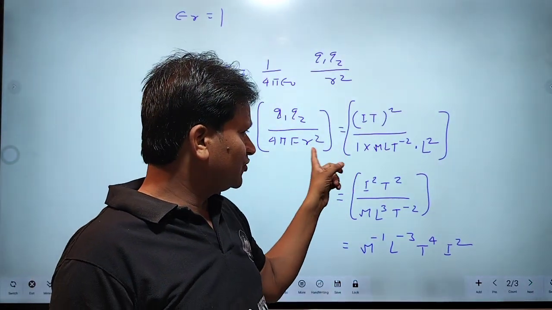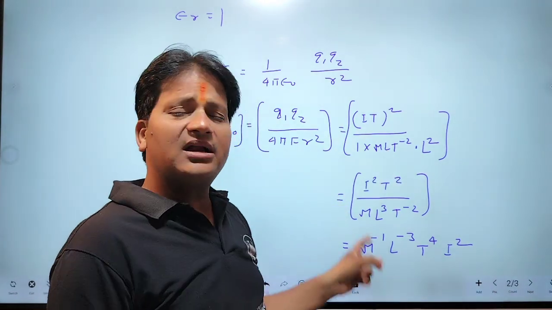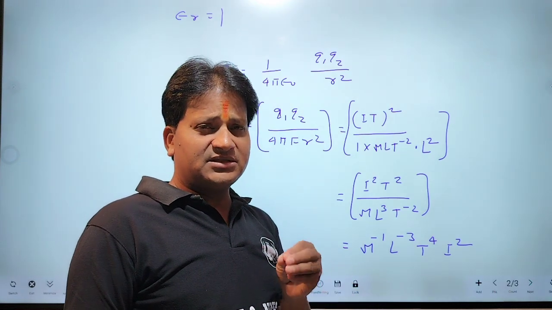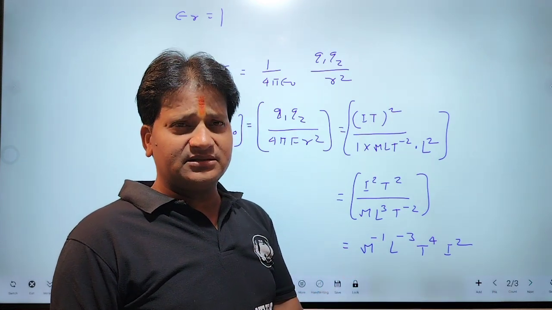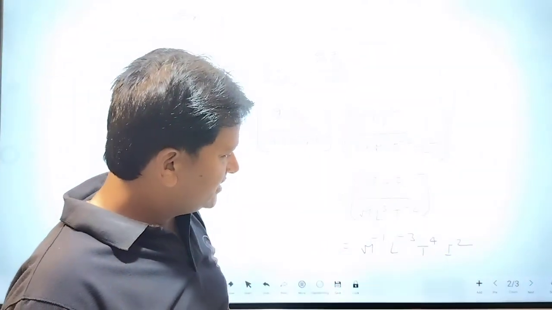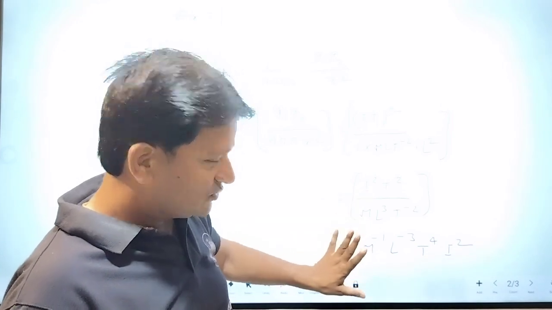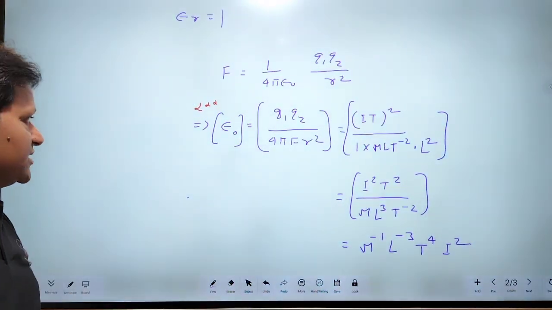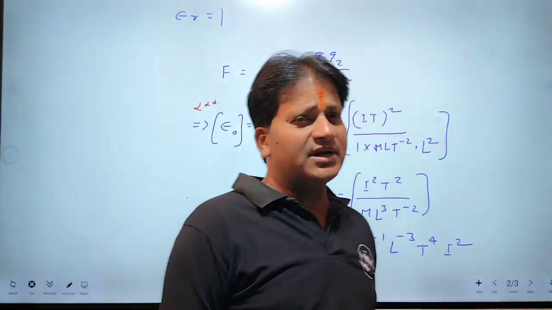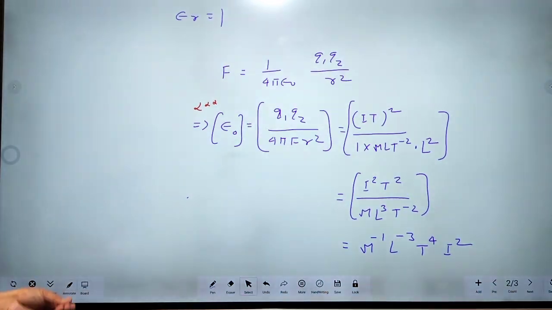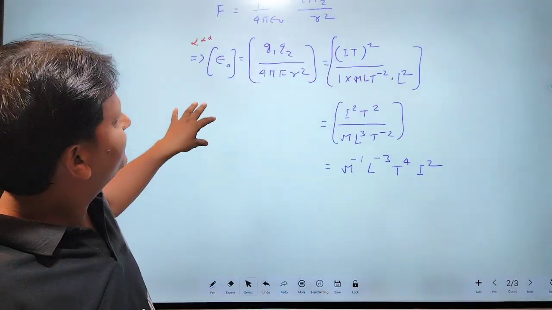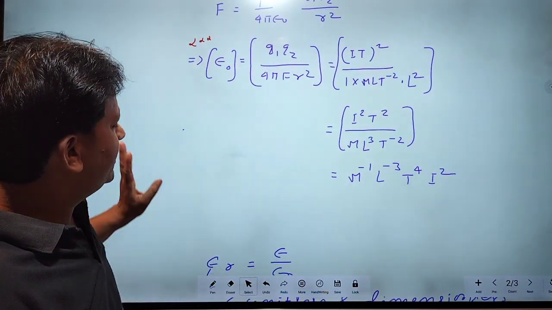F is force, which has this dimension, and R is the separation between the charges, so it is just like length square. Therefore, it can be written like this. This is the dimension of epsilon naught. This question has already been asked in IIT JEE.